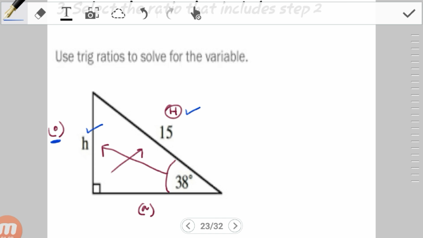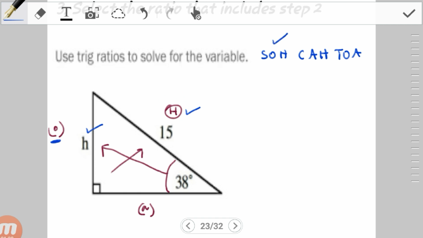So now we have to ask ourselves the question. We are looking for the side that is being represented by the opposite side, and we are provided with a side that is being represented by the hypotenuse. So which of the ratios, according to SOH CAH TOA, involves the opposite side and the hypotenuse?